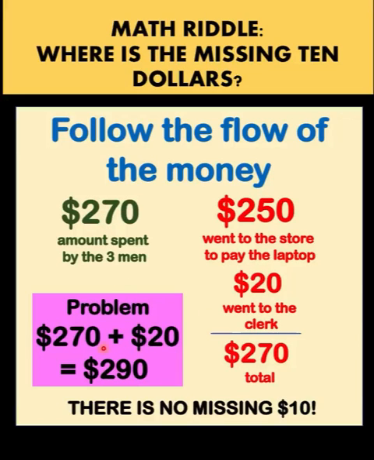The total money spent is $270, and that $270 are accounted this way. The $250 went to the store to pay for the laptop, and the $20 was pocketed by the clerk. So we are not looking at the $300 anymore.